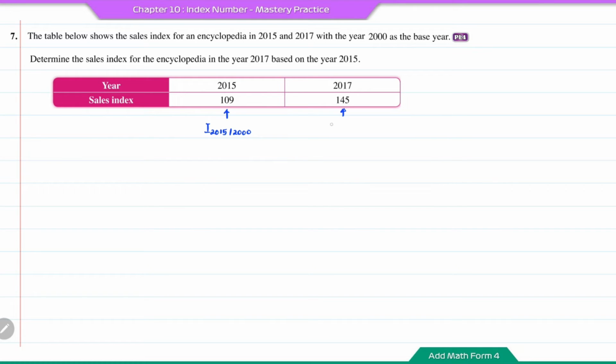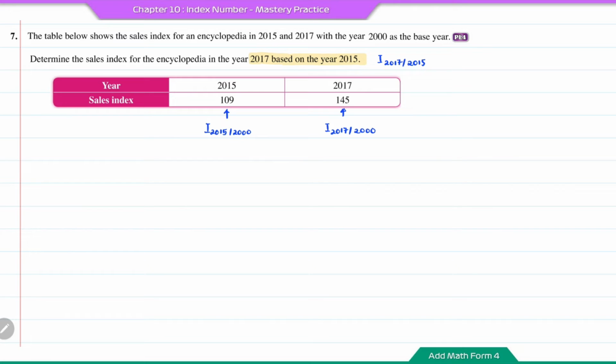And this 145 will be the index number in the year 2017 based on 2000. And the one that we want to find is the index number in the year 2017 based on 2015.